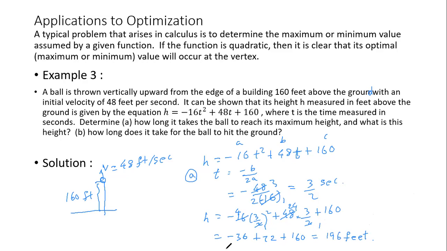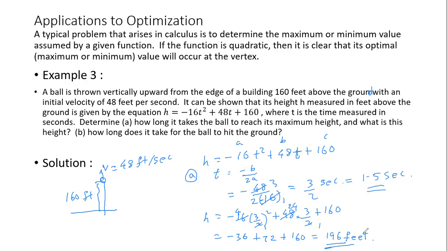Means this h is the maximum height. Time to reach this maximum height is 3.3 over 2 seconds, or this is equal to 1.5 seconds. Okay, that is part A.